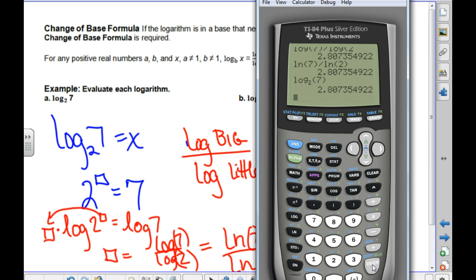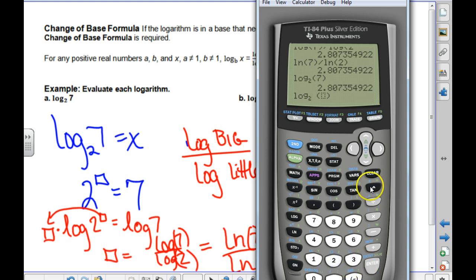Okay? It is also under F2, so if you do alpha window, it brings up log base as a choice there. That's like the only shortcut key I know is log base.